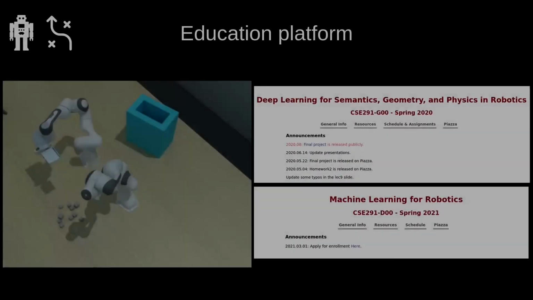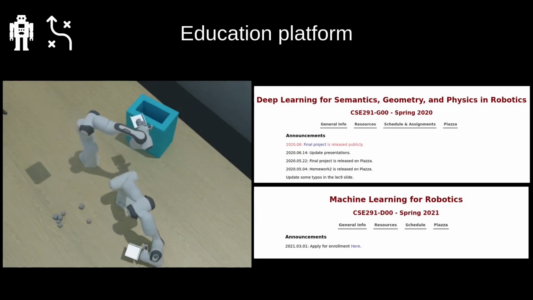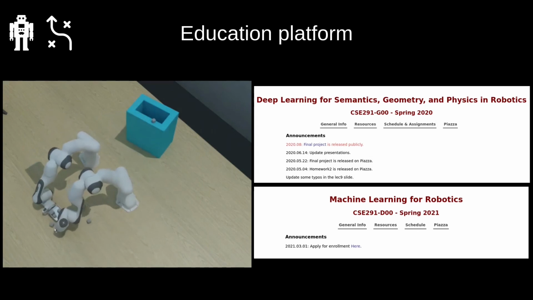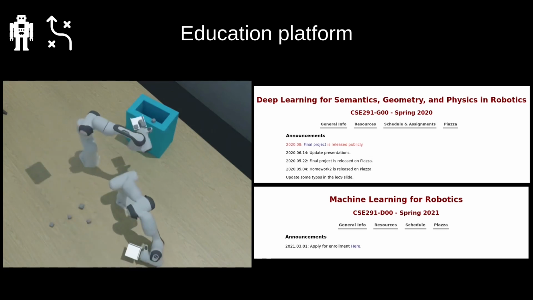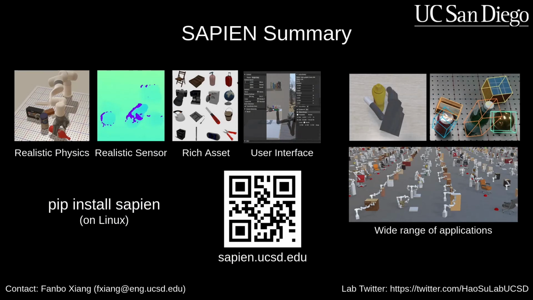Finally, the rich robotics support and simple API make SAPIEN suitable as an educational platform that's been used in multiple courses to let students gain hands-on experience with robotics control and planning algorithms. To summarize, SAPIEN supports realistic physics and sensor simulation, provides rich assets and convenient interfaces. It enables many downstream applications. You can try out SAPIEN with pip install SAPIEN on any Linux system.